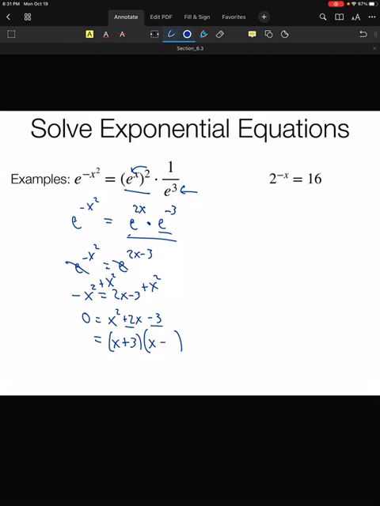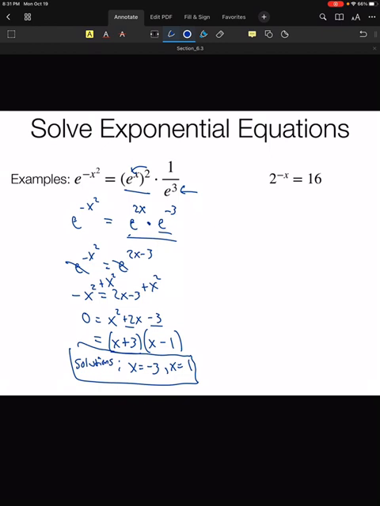And so I think that's pretty clear that it's plus 3 and minus 1. And so the solutions are x is equal to negative 3 from this part, and x is equal to 1. And so those are the solutions.